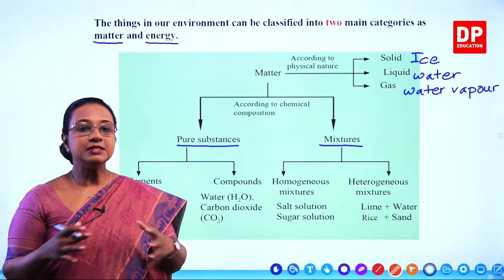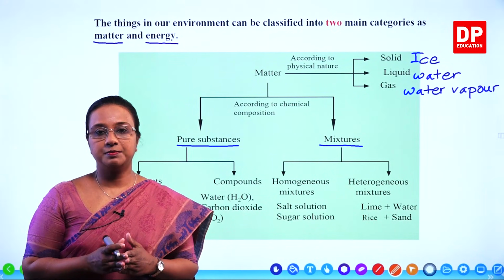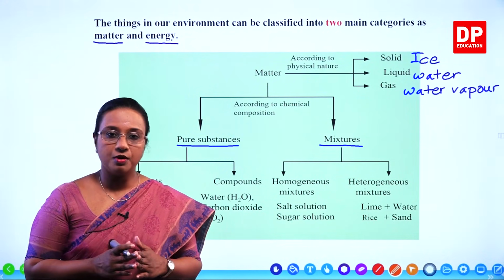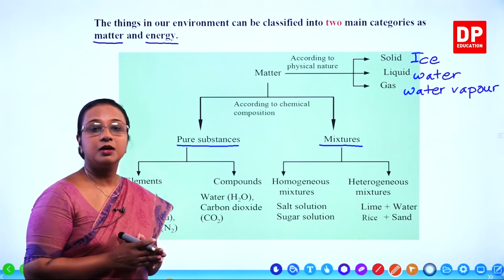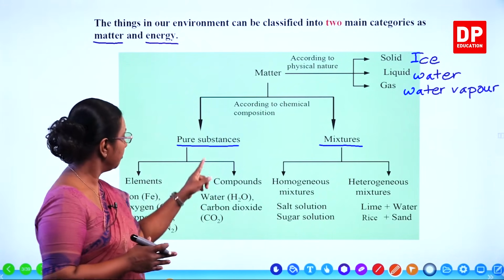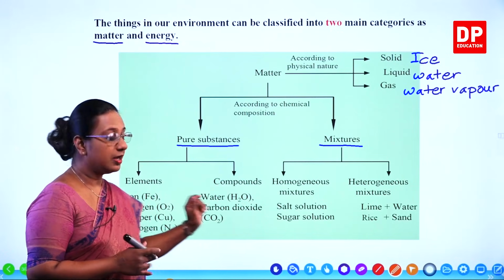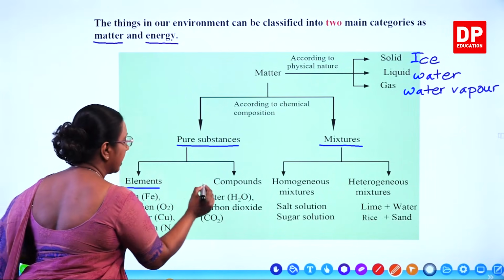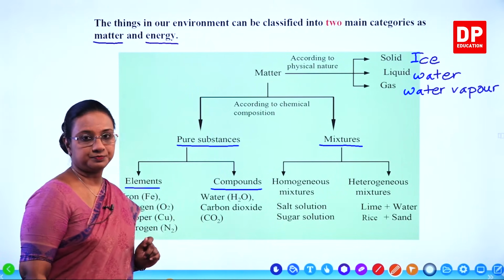All the elements and different types of compounds in their pure form come under this group. Therefore, we divide it into two, the elements and compounds.